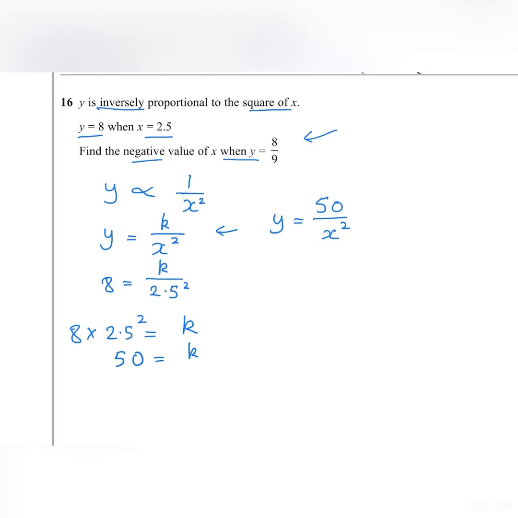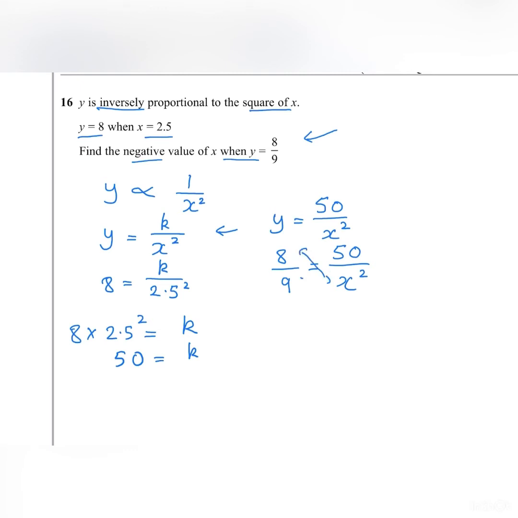So it says find the negative value of x when y is 8/9. So if we put 8/9 in place of y, substituting that in place of y, we have 50 over x squared. Okay, so we can solve this equation.